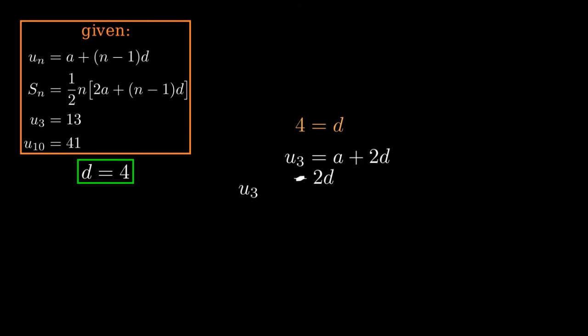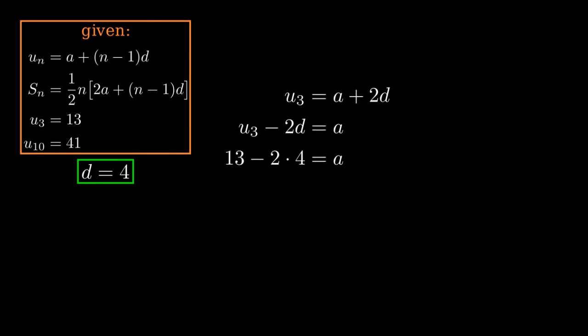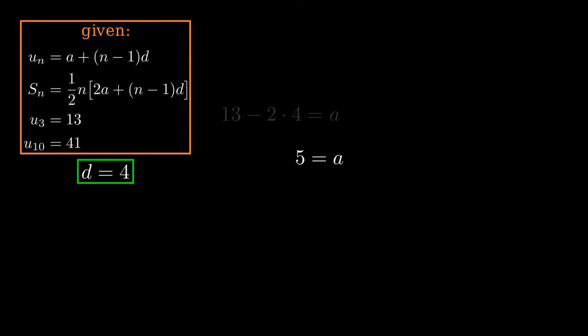We know D and we know U sub 3, so we plug those numbers in. And we get 13 minus 8. So A is 5. Okay. Throw that over there with D, another found piece. Right, that's part A.